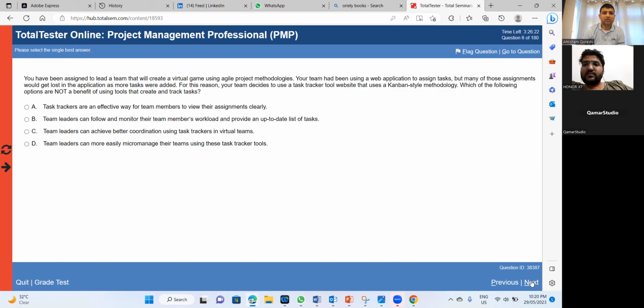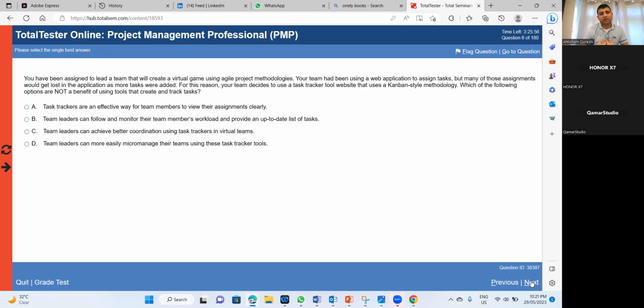For this reason, your team decides to use a task tracking tool, websites with Kanban style methodology. Which of the following options is not a benefit of using tools that track tasks?